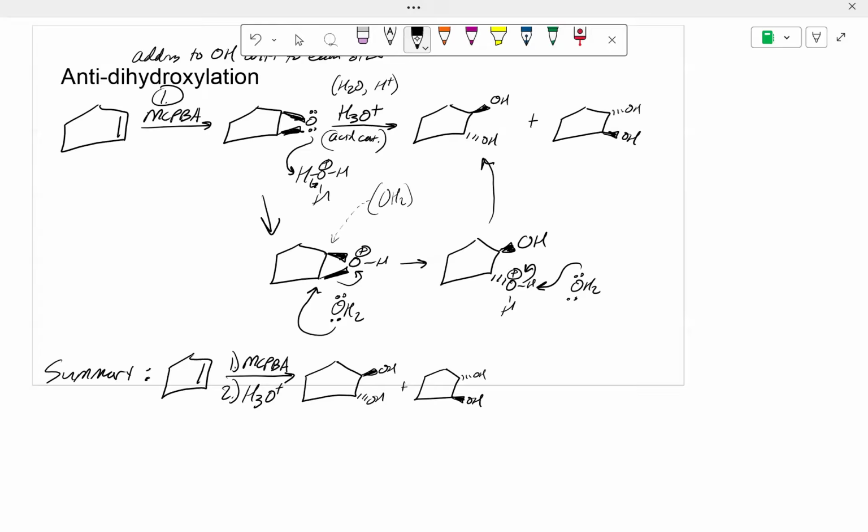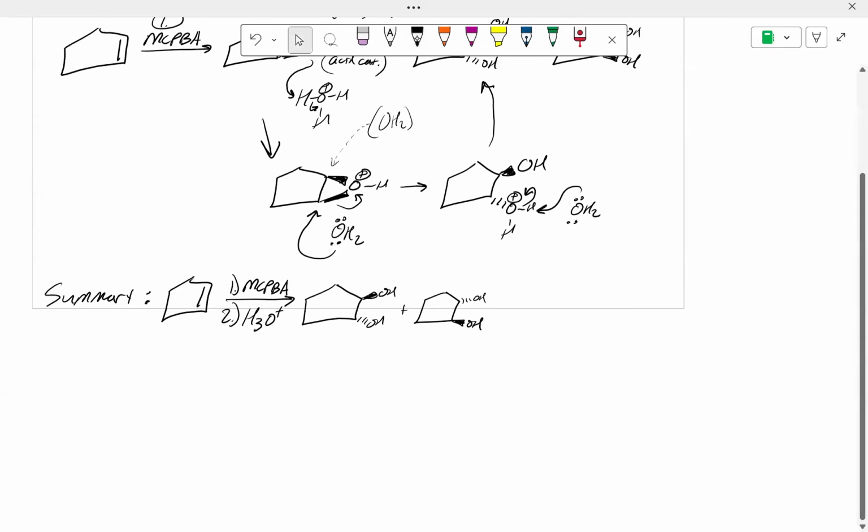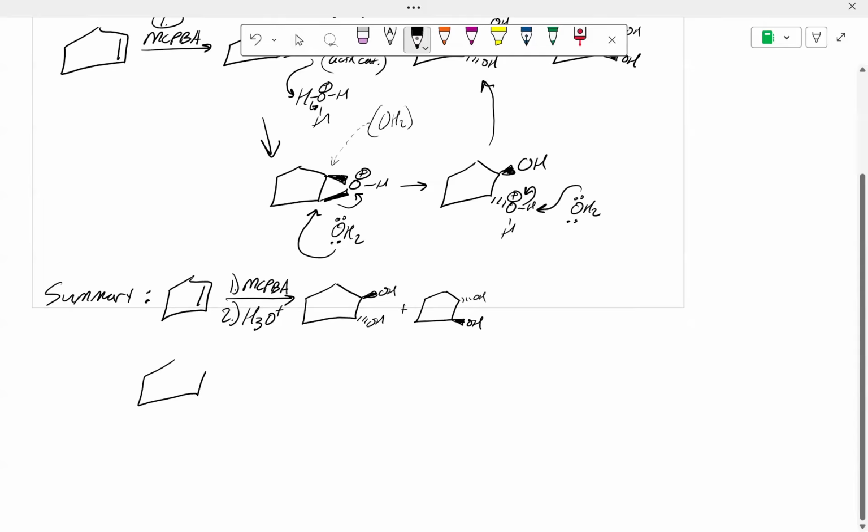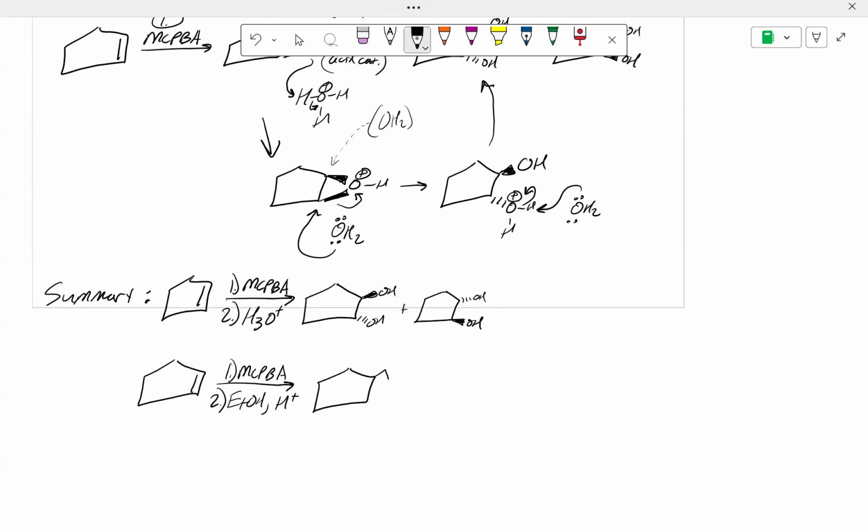Now, one of the cool things is that we can switch out that water in the second step with an alcohol. So if we use, say, ethanol and an acid catalyst, then we get an OH and an ether anti to each other.